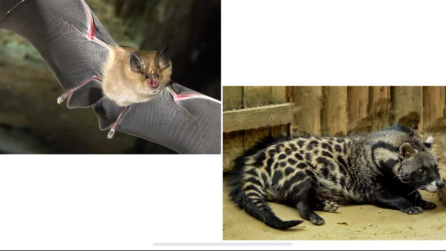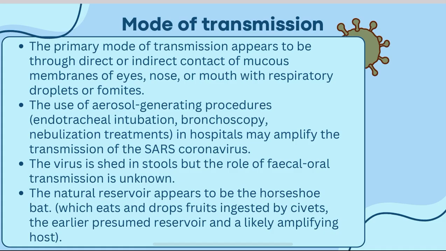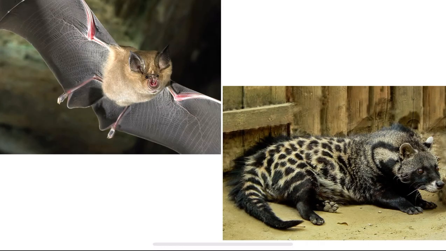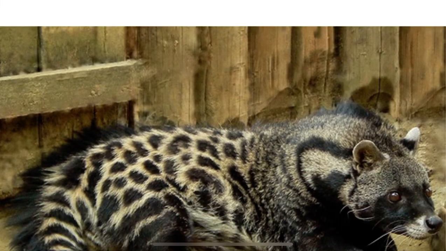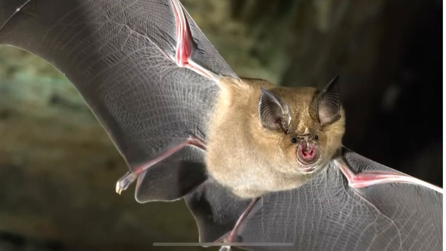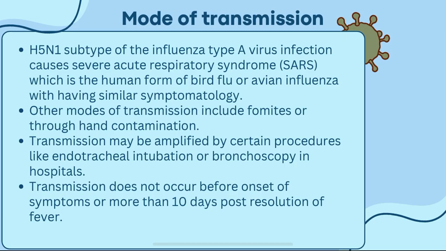So let us see the picture of the civet cats, who were considered to be the reservoirs, and they were considered to be the amplifiers of the infection. And then we have these horseshoe bats, who are eating and dropping the fruits which were dropped by these civets. So these civets will first eat the fruits and then drop them, and these bats will pick those fruits and eat them and infect the humans.